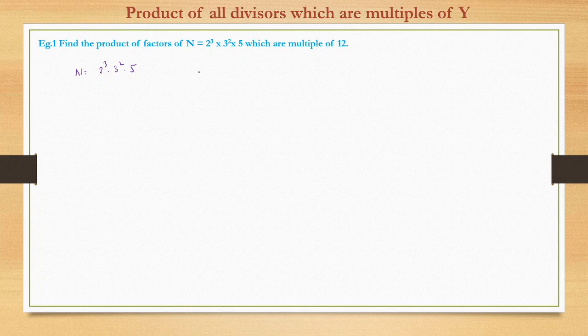So here the number is a multiple of 12. 12 is 2 raised to power 2 into 3. So can we directly divide n by 12 as we did in that question? So it would become 2 into 3 into 5.